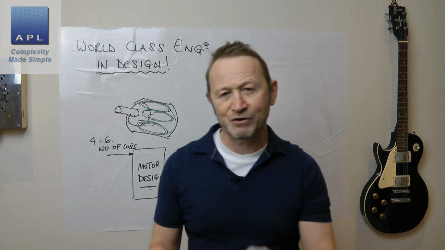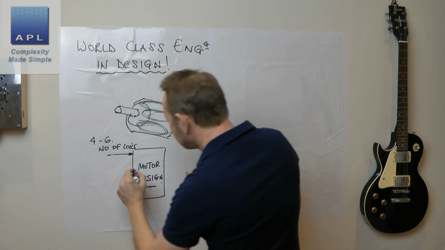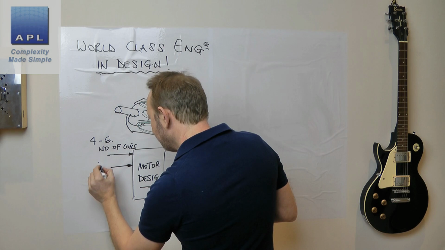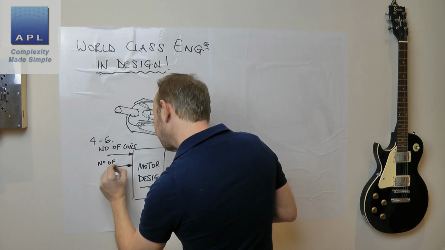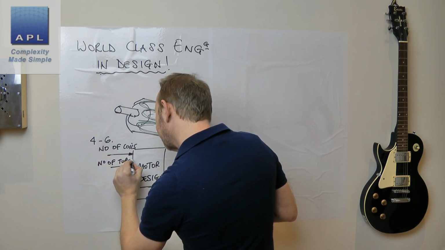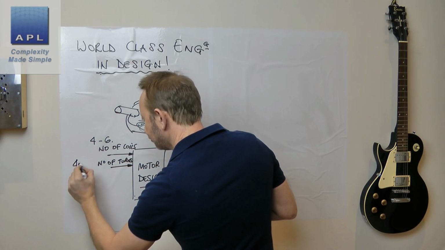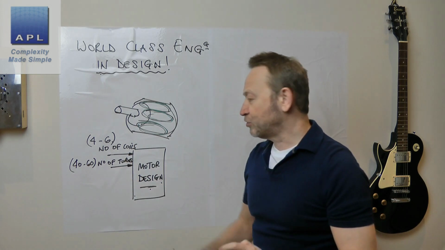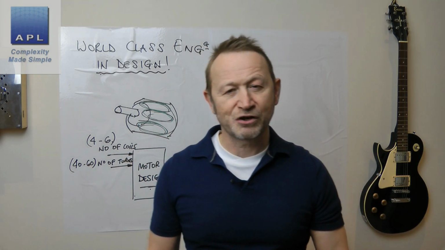This is the design space that the designer is saying he's going to work in. Then what we've got is, for each of the coils, we've got the number of turns. Okay, and again, the experts have told us that their design space is between 40 and 60. So that's where they might move the design around.